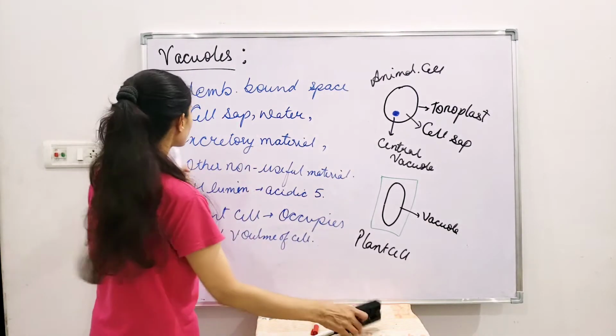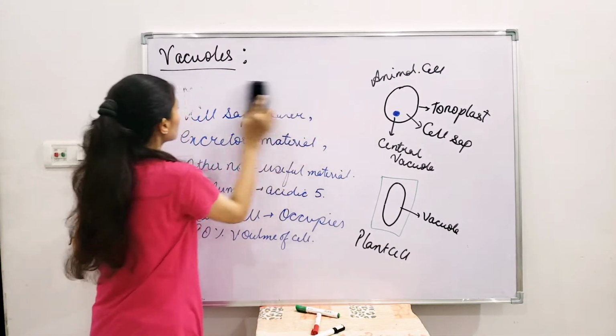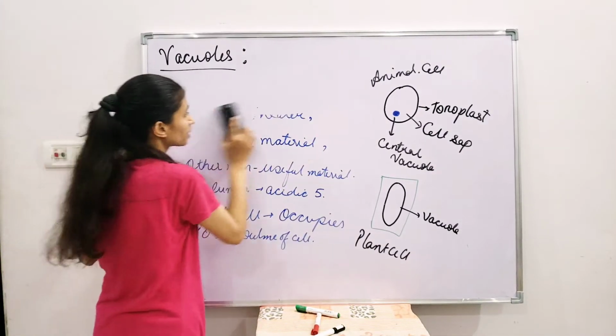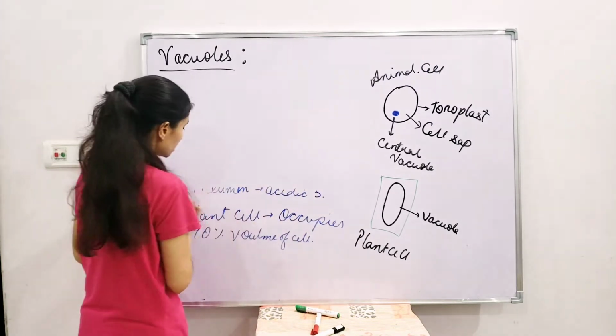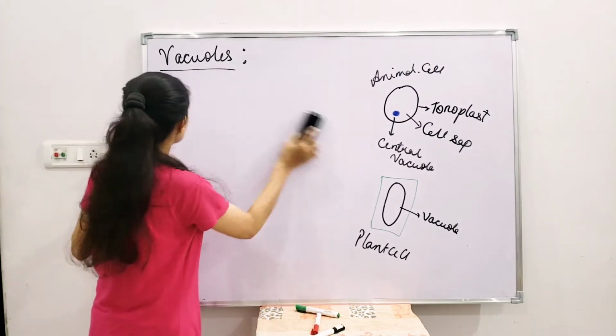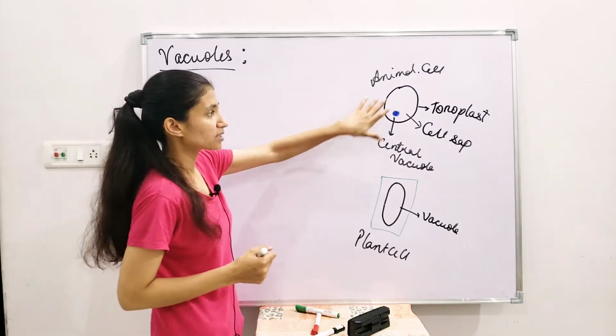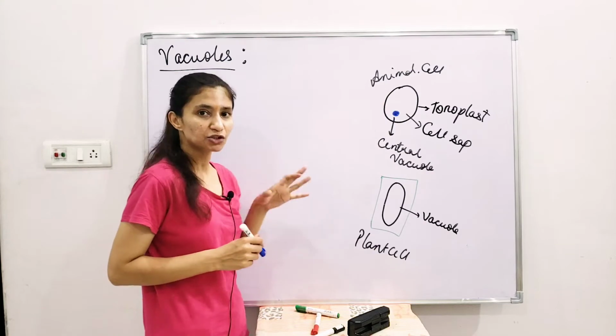Now moving ahead, what is the role of the vacuole? We have studied that it removes excretory material and so on. But what about the tonoplast? A tonoplast plays a very major role over here.